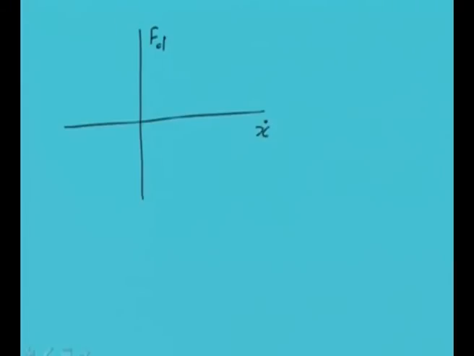When the body starts moving with positive velocity, the force acts in the negative direction like this, and when the body goes in the opposite direction, that is toward the negative, with negative velocity, then the force acts here. So you can see that the force is constant in magnitude but changes depending upon the direction of velocity.